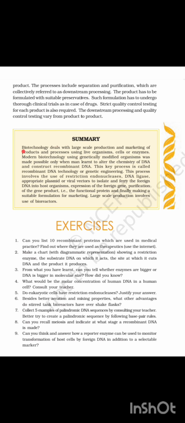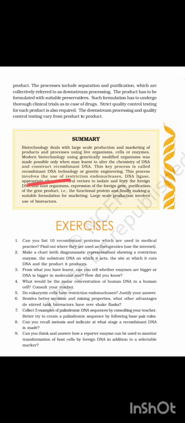Summary. Biotechnology deals with the large scale production and marketing of products and processes using live organisms, cells, or enzymes. Modern biotechnology using genetically modified organisms was made possible only when humans learned to alter the chemistry of DNA and construct recombinant DNA. This key process is called recombinant DNA technology or genetic engineering.